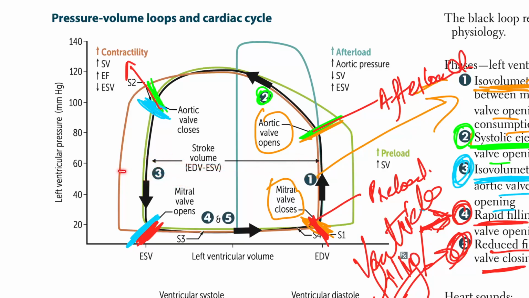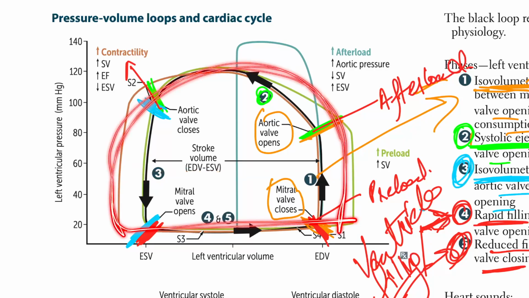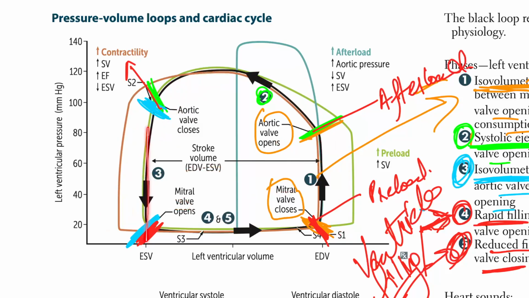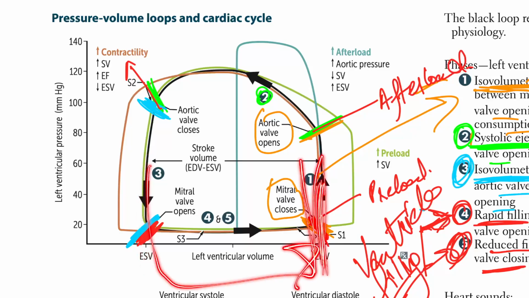So the bigger you have, let's say it's a D shape. In other words, that's a D shape, let's say. The bigger you have the D shape, the more stroke volume you have. Why? Because that would tell us that you have more end systolic volume that has to be pumped out.